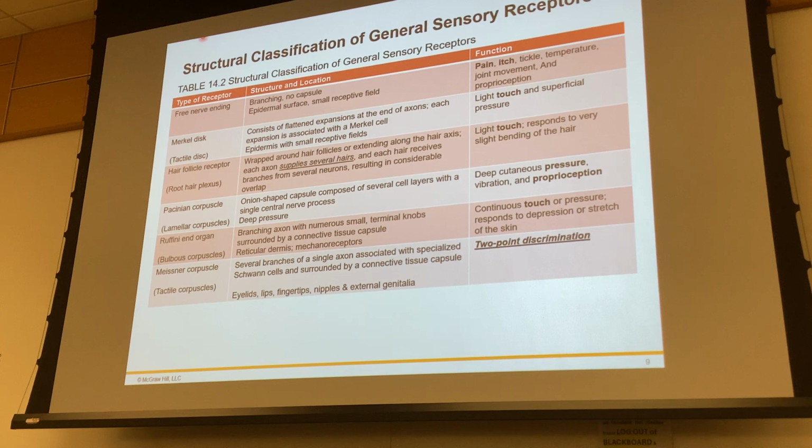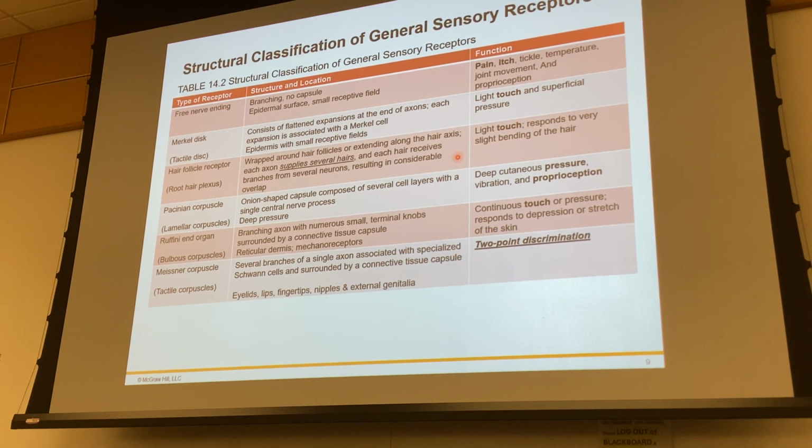For instance, these Ruffinian end organs are deep, and the Pacinian corpuscles are deep as well. Both of those respond to pressure or touch. There are hair follicle receptors here, and I still have them in case you were wondering.